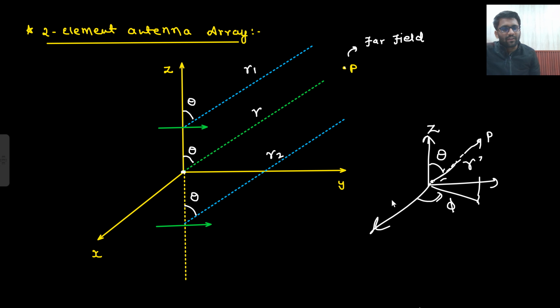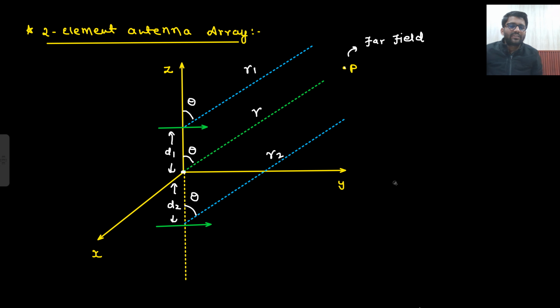The point P is at far field. These two antennas are making the angle of theta with the z axis, because since it is at far field, the lines are parallel, the angle would be the same, but the distance would be different. Now this distance is d1 and this distance is d2.